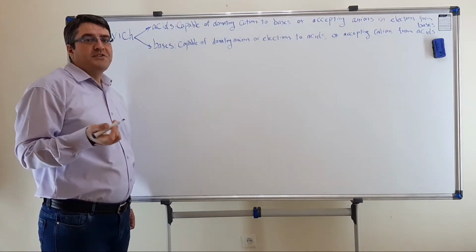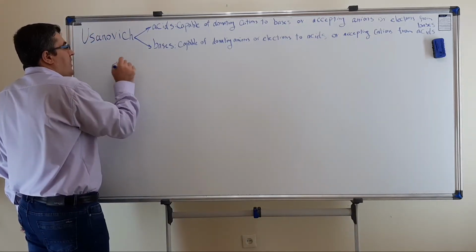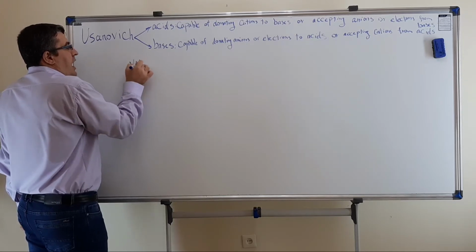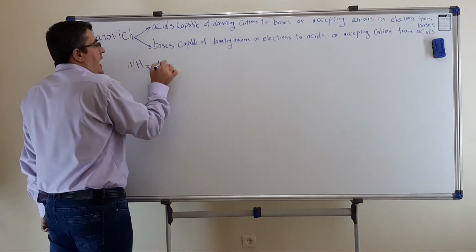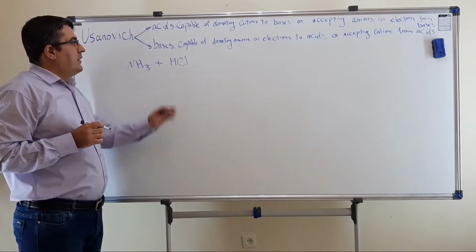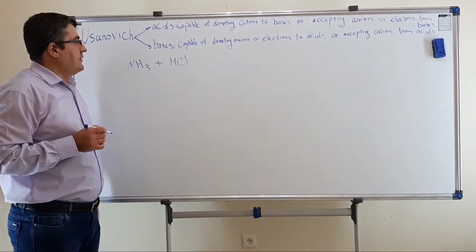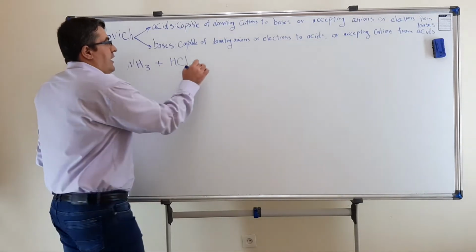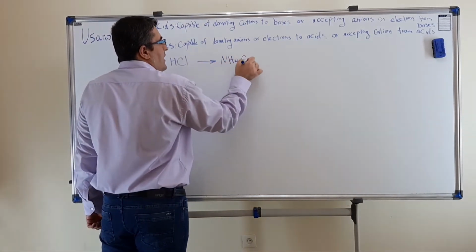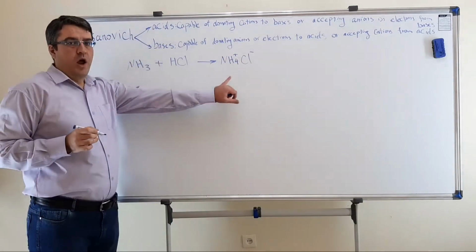Let's consider some examples. As the first example, consider the reaction between ammonia and hydrogen chloride, either in the gas phase or in a solvent in solutions. This reaction yields NH4Cl, ammonium chloride.